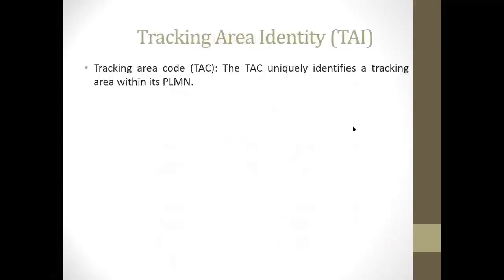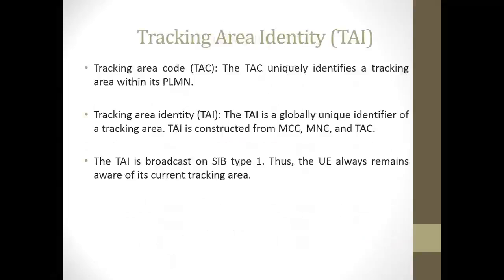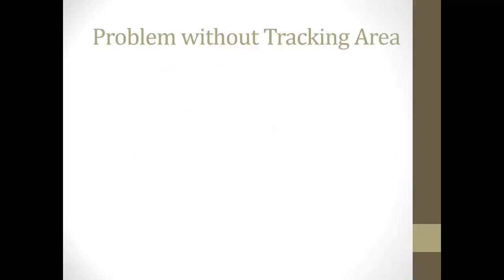But there is also something called tracking area identity, which is a combination of TAC, MNC, and MCC. So then you have a globally unique identity, and that identity is broadcast on SIB type 1. So the UE is always aware of its current tracking area. It knows which tracking area it is in.